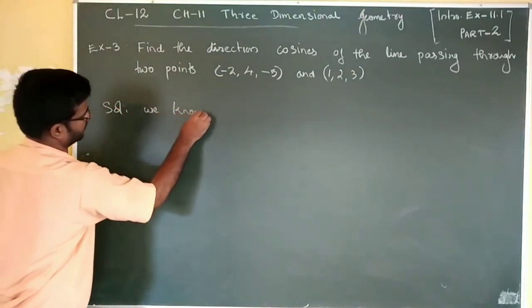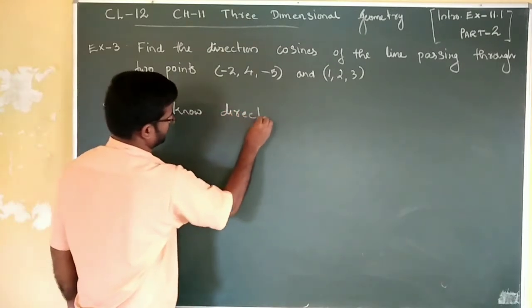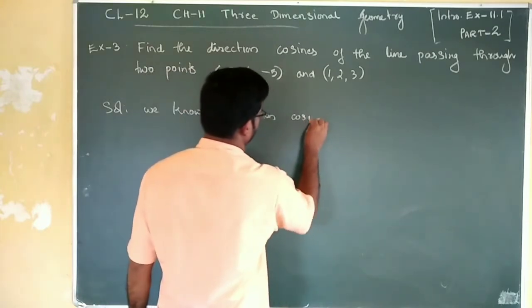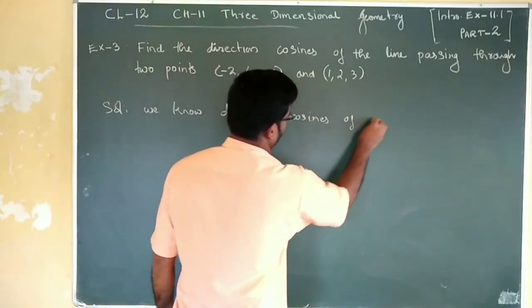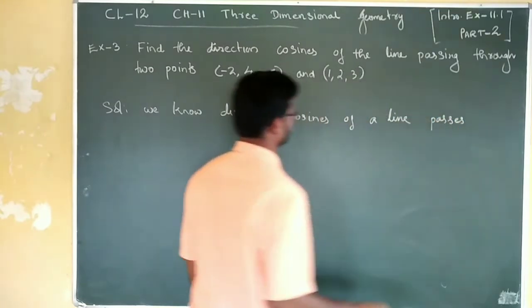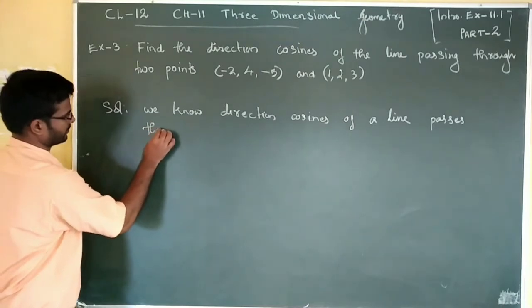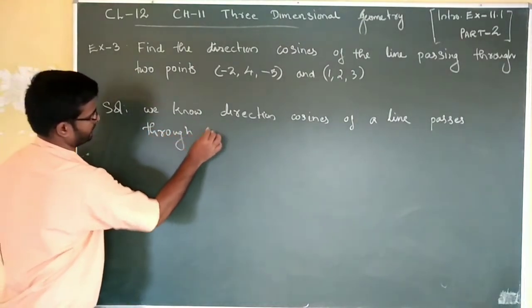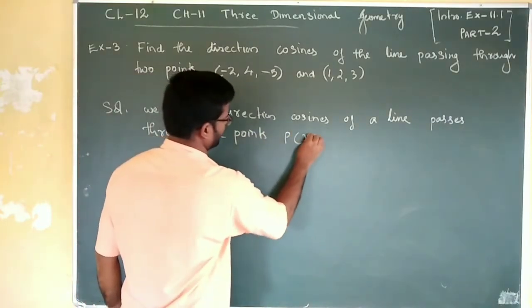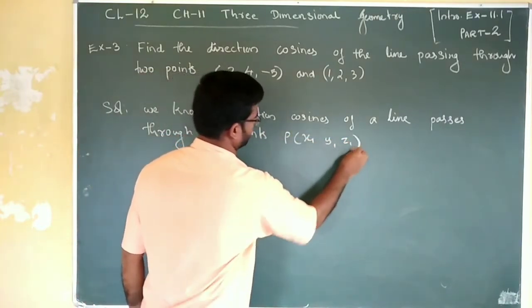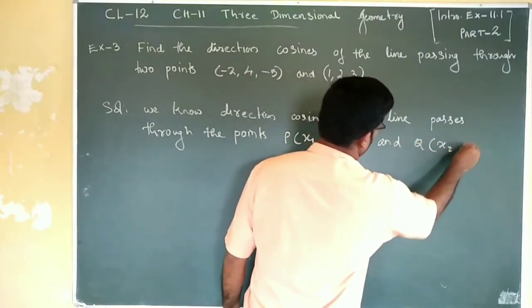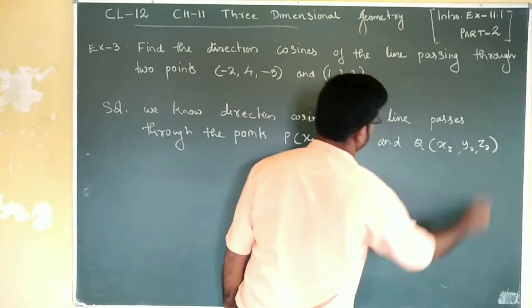We know the direction cosines of a line that passes through the points: first point is P(x1, y1, z1), and second point is Q(x2, y2, z2).